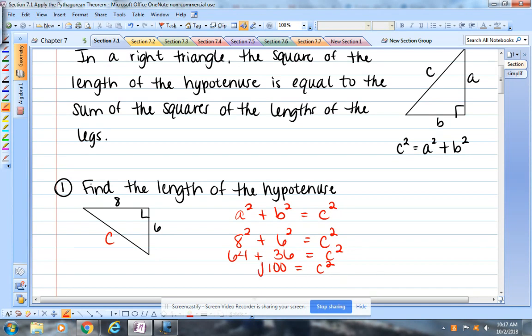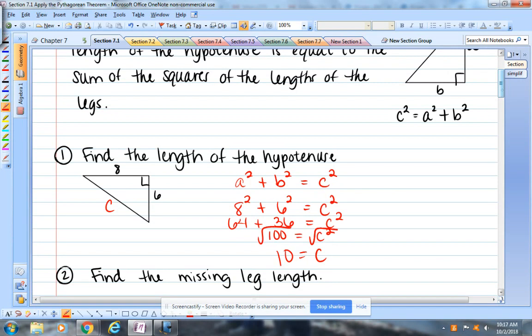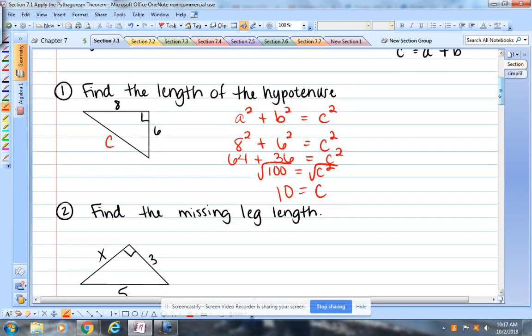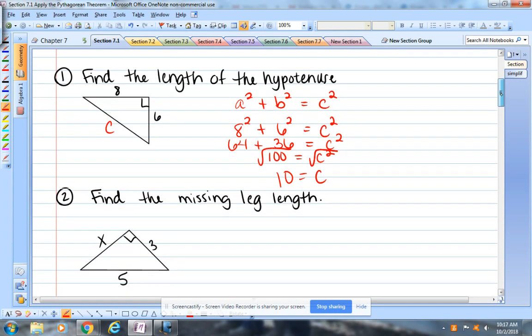I take the square root of everything, because if I take the square root of a square, that cancels out and leaves me my variable. And what's the square root of 100? 10. So my hypotenuse is 10. Any questions about that? Okay, so that's how you find a missing hypotenuse.